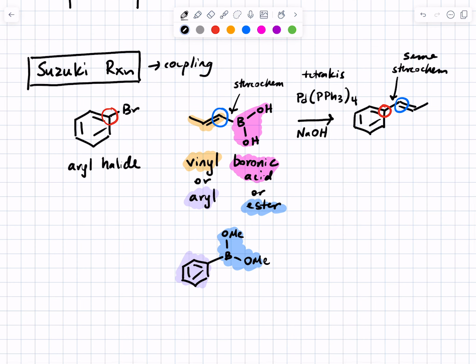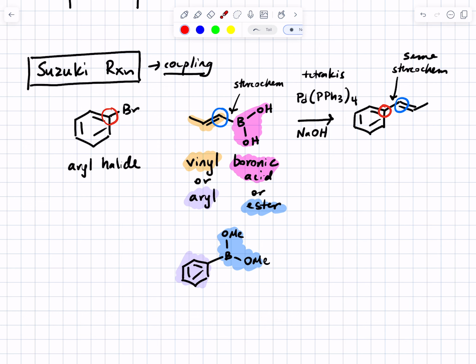And again, notice the connection. Memorizing how this reaction works is actually pretty easy because there are literally no other options. You put the aryl halide and the boronic acid or ester together, you make a new carbon-carbon sigma bond between the aryl carbon on the aryl halide and the vinyl or aryl carbon on the boronic ester, and the stereochemistry stays the same.